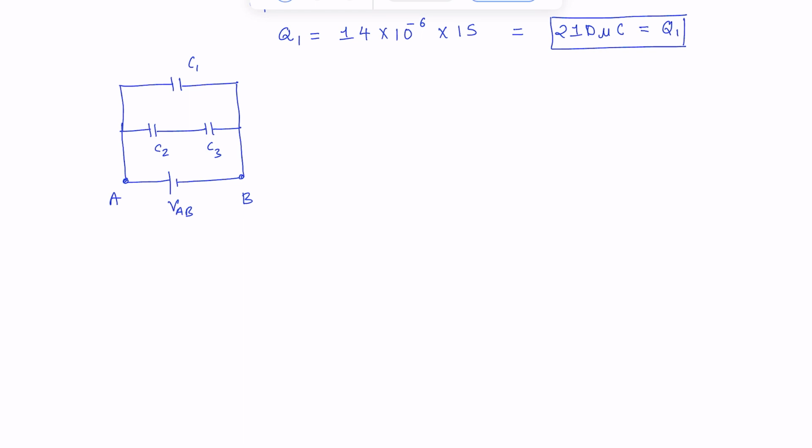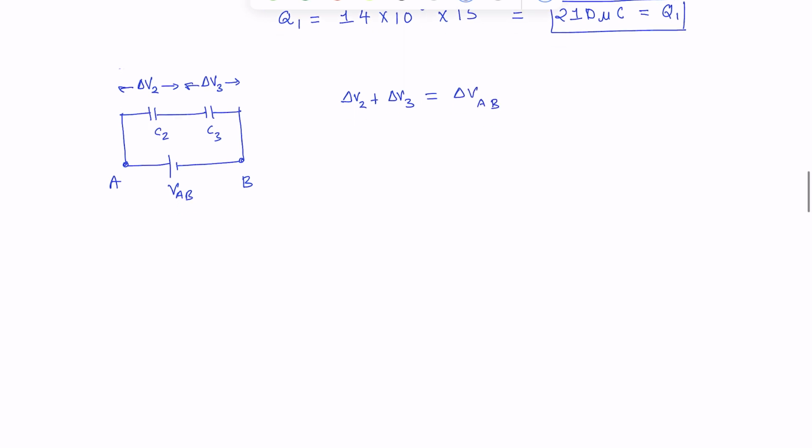So for a second, just forget there's a C1 here. Let's say the potential across C2 is delta V2 and the potential across C3 is delta V3. If you add those potential differences, that should amount to the potential difference across both of them.